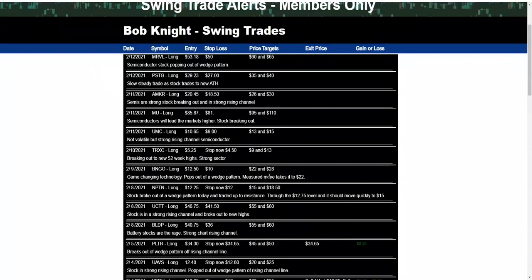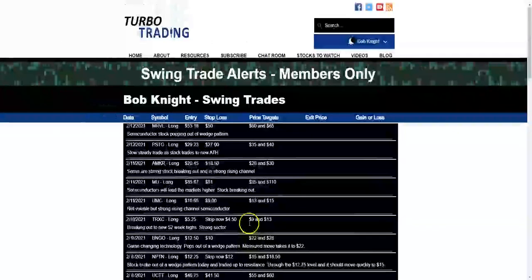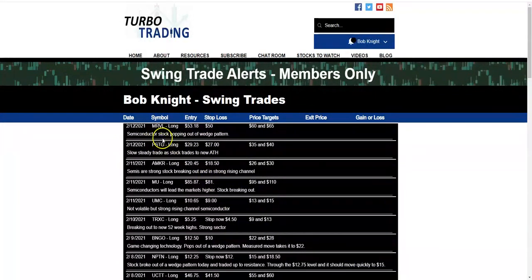It's not an exact science. When I put out the alert, I try to put a range in there. So we just put some out. We've been looking at the swing trades on the semiconductor stocks. So we just put this one out, Marvel.